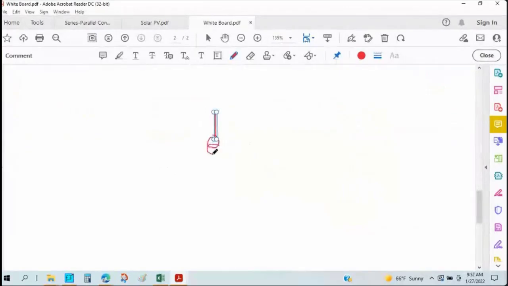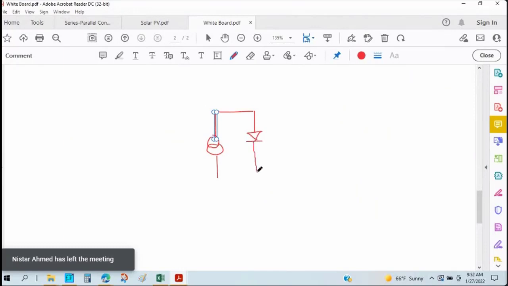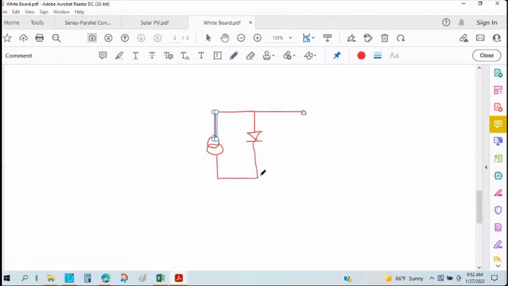That's the difference between the ideal model and the exact model. Suppose this one is the photocurrent, the current that we are receiving from the solar cell.